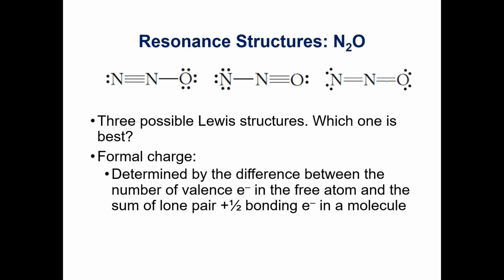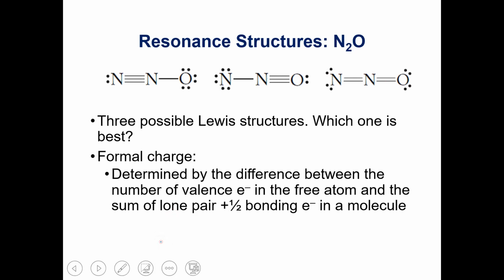So there's actually a formula for this, and the formula tells us to take the number of valence electrons and then subtract the sum of the lone pair electrons plus half of the bonding electrons. So let's test this out for one of the structures, and we're going to do the first structure up here.